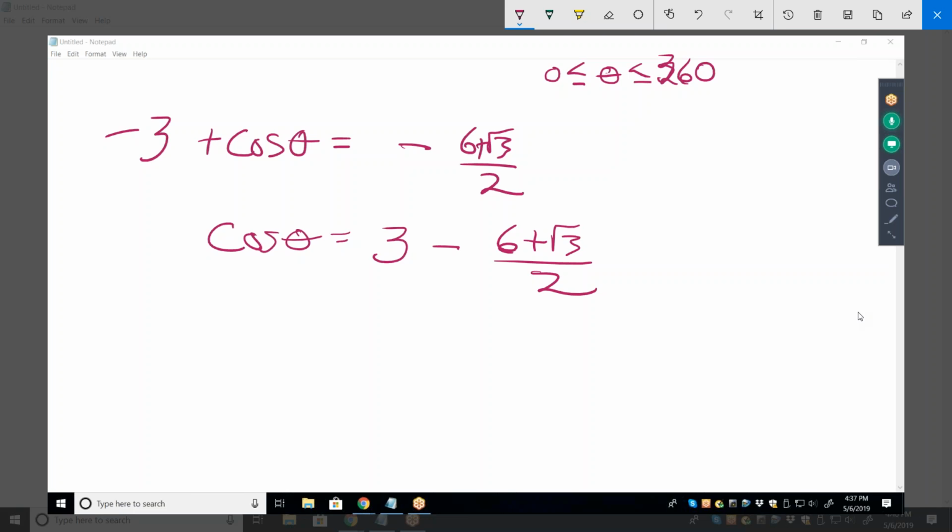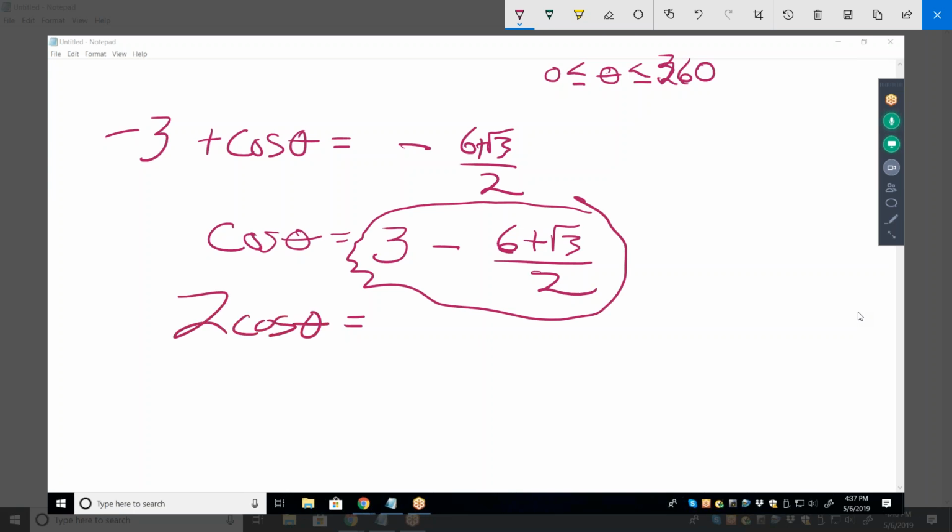Okay, so what's the next line? 2 cosine theta. Oh, hold on. You're going to multiply everything by 2. Equals 6 minus 6 plus root 3. Okay. What now?